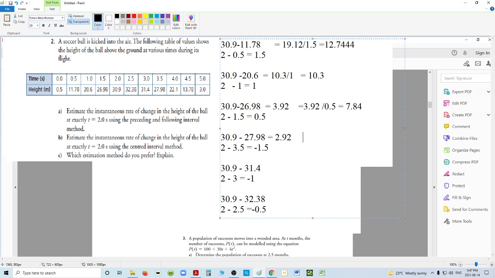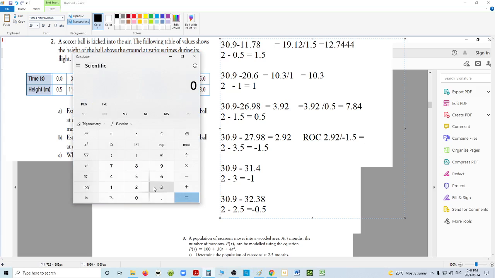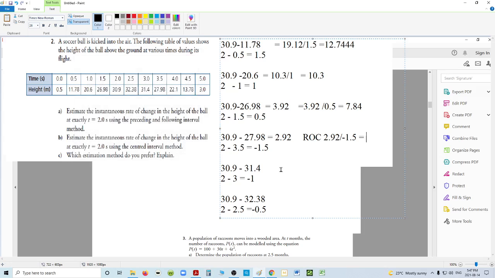The rate of change is 2.92 divided by negative 1.5, which is, so it's going down now. Negative 1.94.